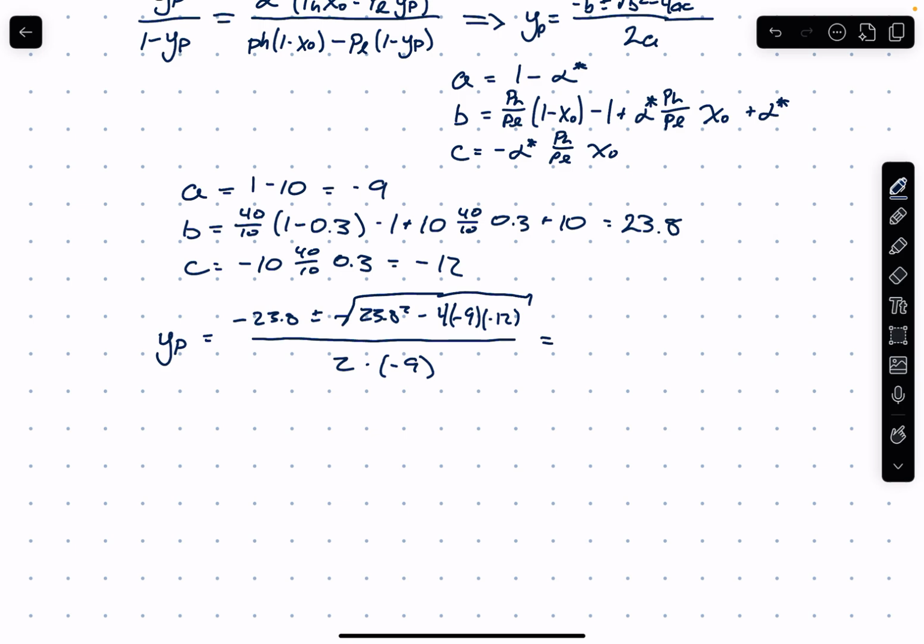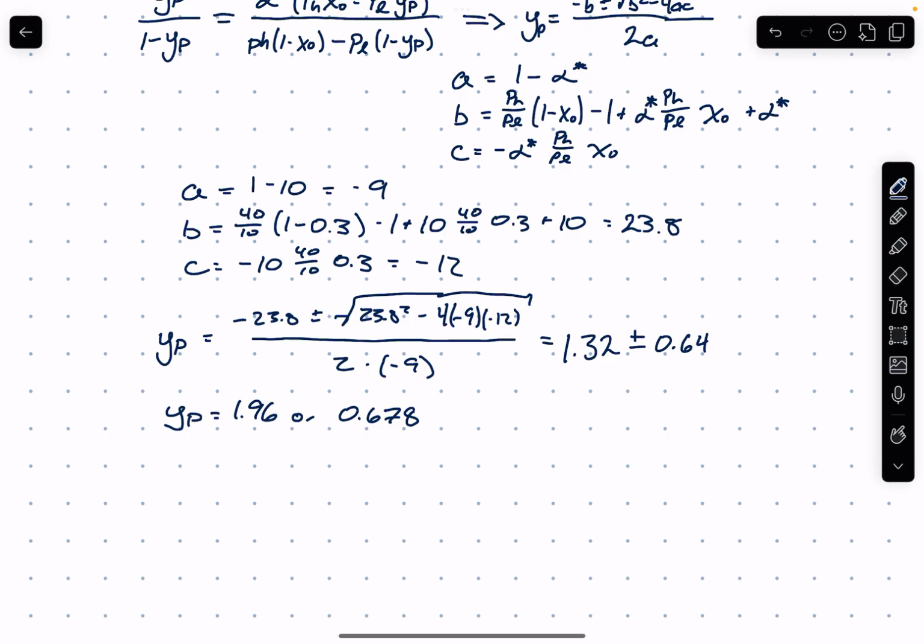This gives us a value of 1.32 plus or minus 0.64, giving us yP equals 1.96 or 0.678.